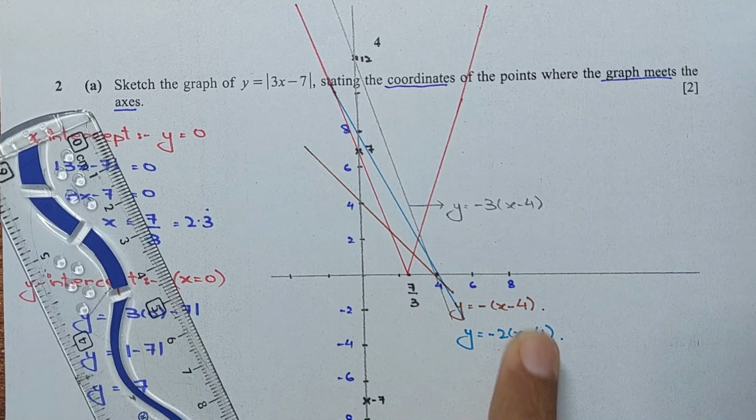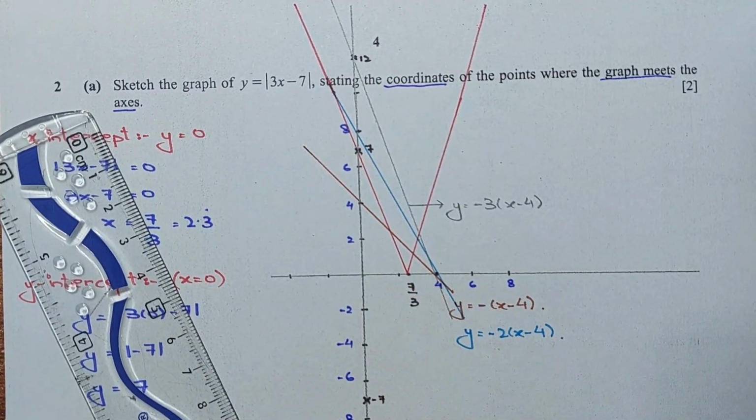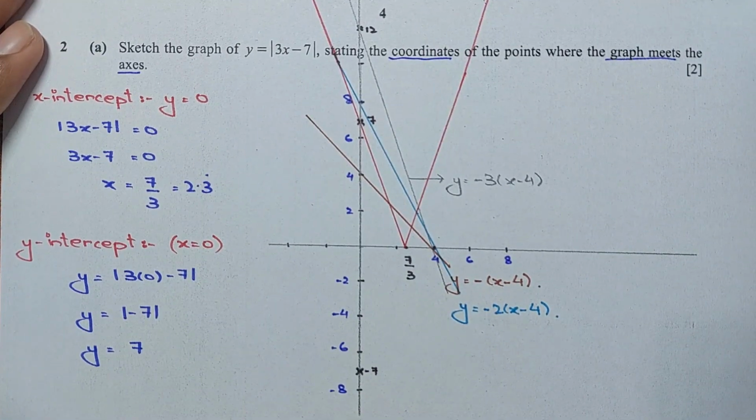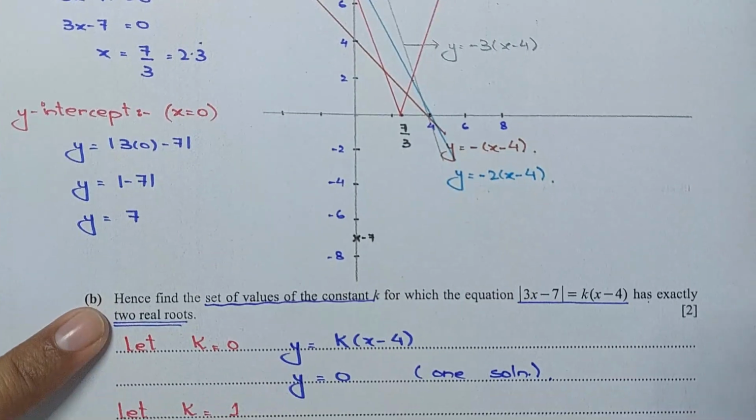But when the k value is minus 1 and minus 2, it has 2 points of intersection. And when the k values are positive, like 1, 2, 3, there is no solution, right, for positive values of k. So how do we decide which set of values of k gives two real roots?